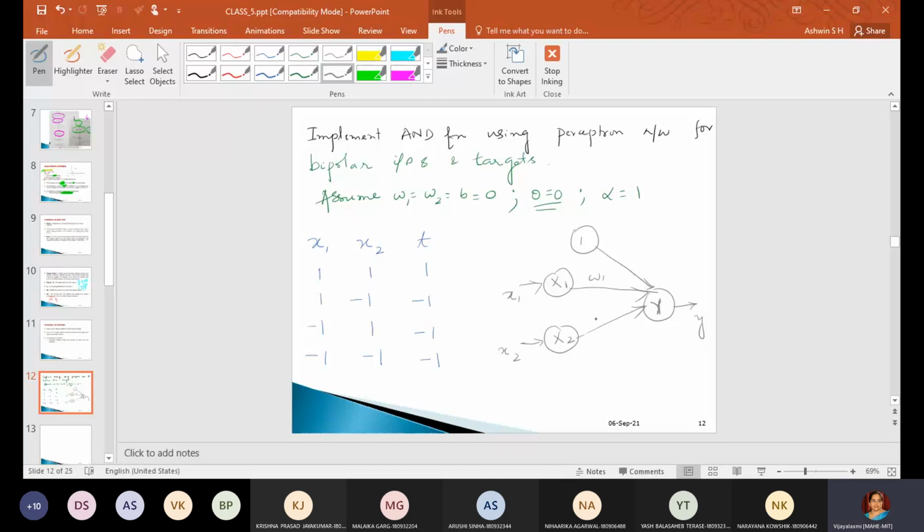W1, W2, B. This is the neural network model. Now your aim is to calculate W1, W2 and B. Let me do this problem.